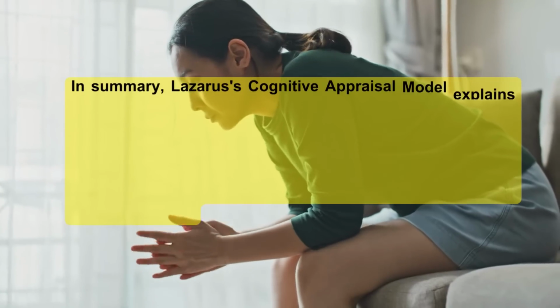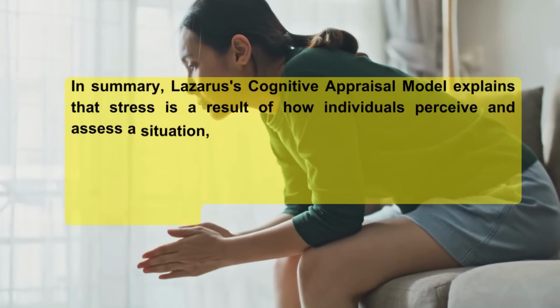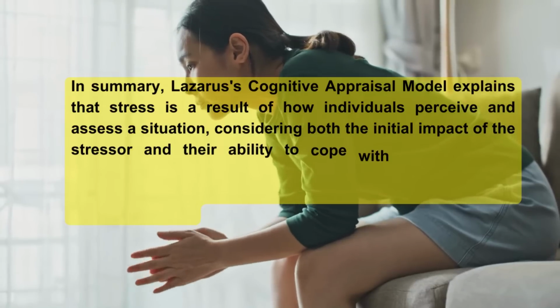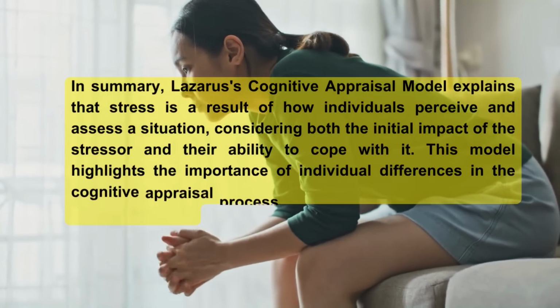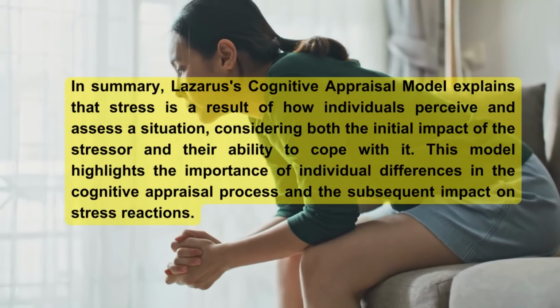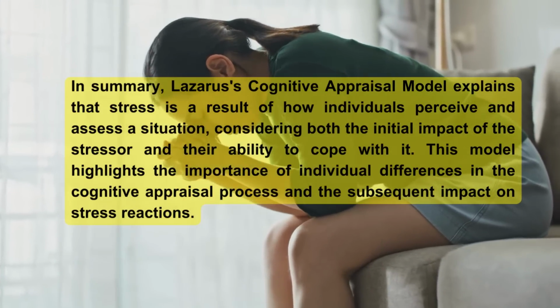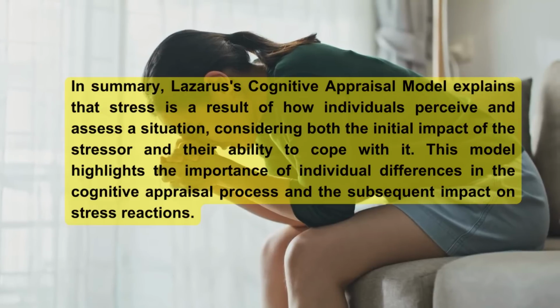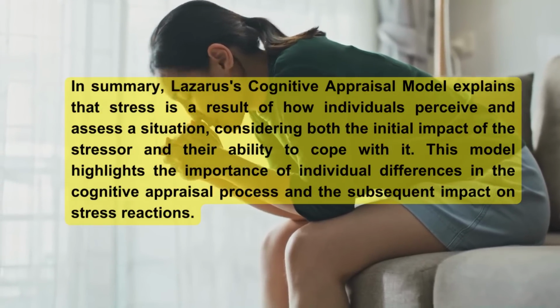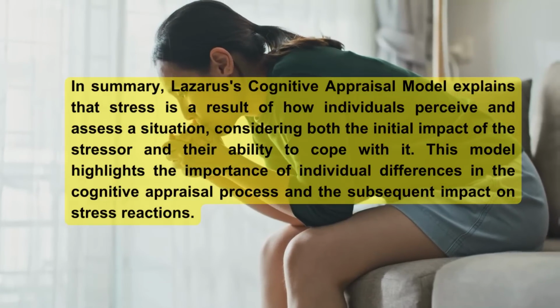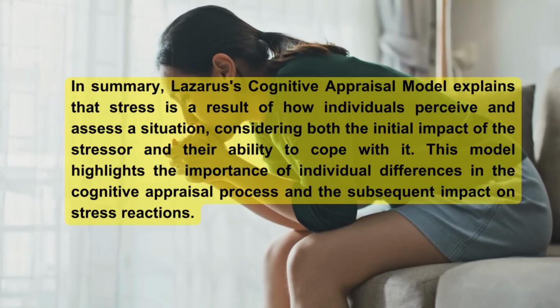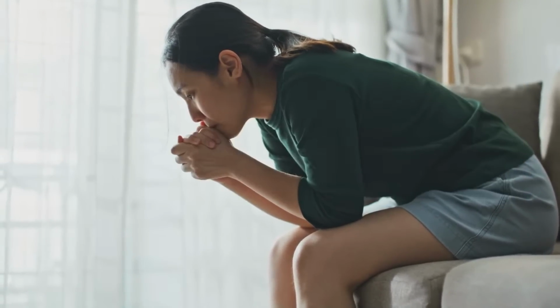In summary, Lazarus's cognitive appraisal model explains that stress is a result of how individuals perceive and assess a situation, considering both the initial impact of the stressor and their ability to cope with it. This model highlights the importance of individual differences in the cognitive appraisal process and the subsequent impact on stress reactions.